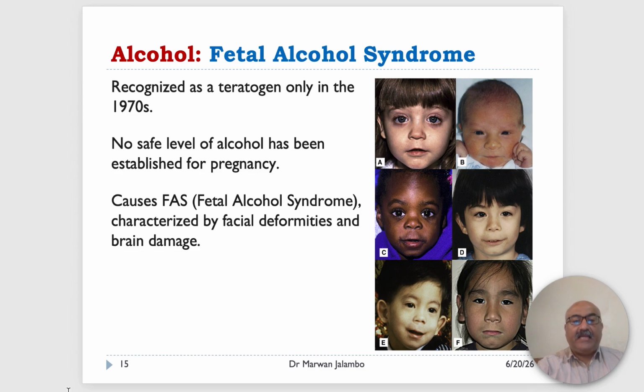Exposure can lead to fetal alcohol syndrome, or FAS. This is the form of fetal alcohol syndrome. Fetal alcohol syndrome is characterized by distinct facial deformities, stunted growth, and most critically, permanent, irreversible brain damage.